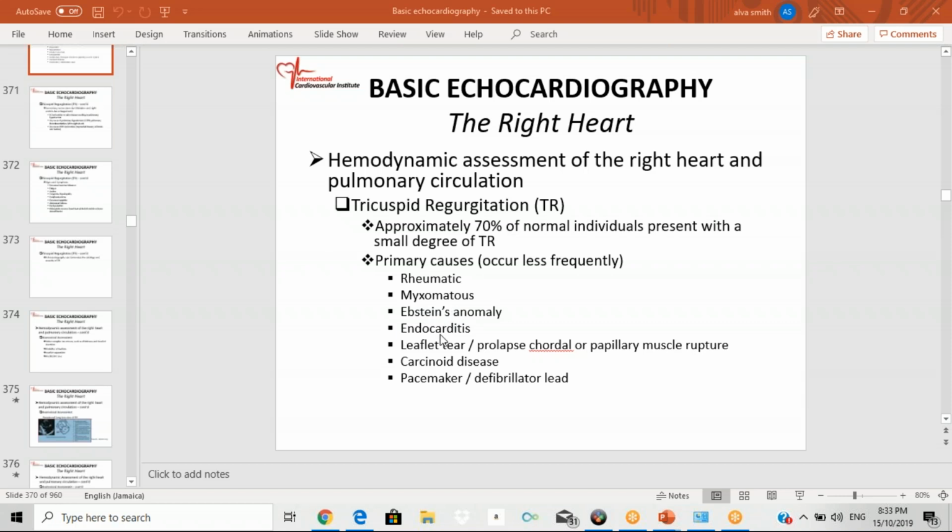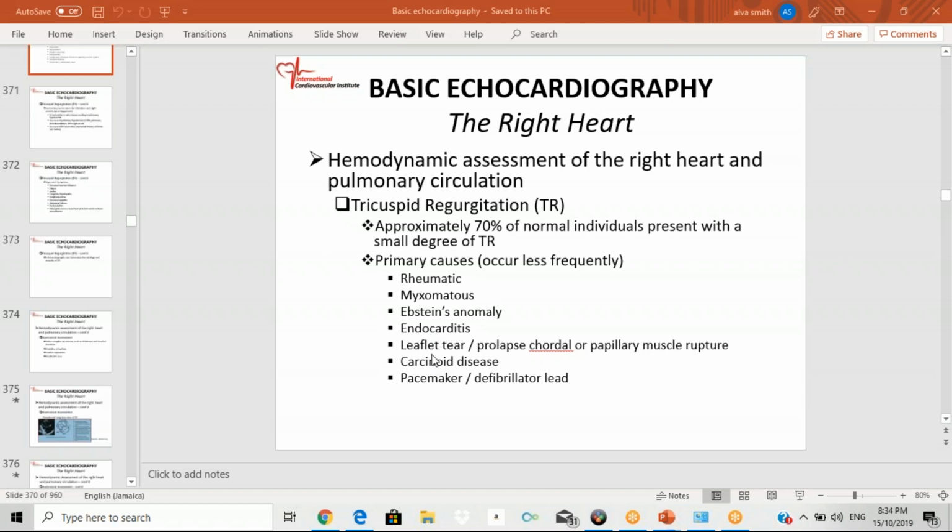Endocarditis, infected material on the tricuspid valve can give you tricuspid regurgitation. Tearing off the tricuspid leaflets, especially in blunt chest trauma, patient driving, unrestrained driver, and the steering wheel hit the patient in the chest.